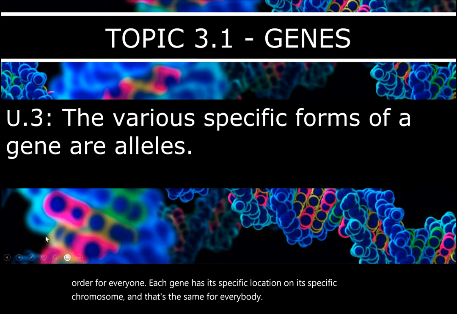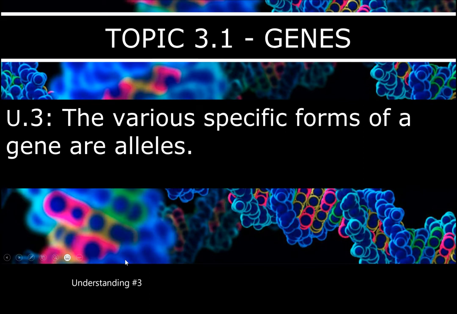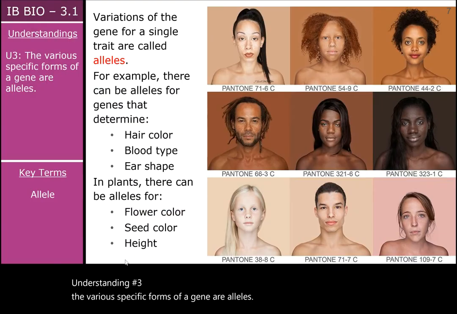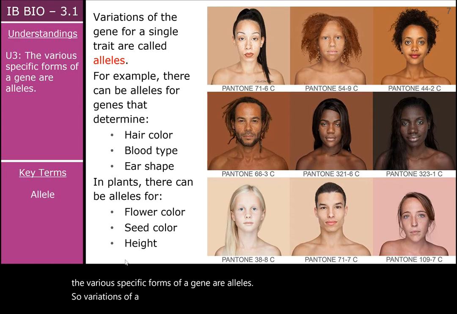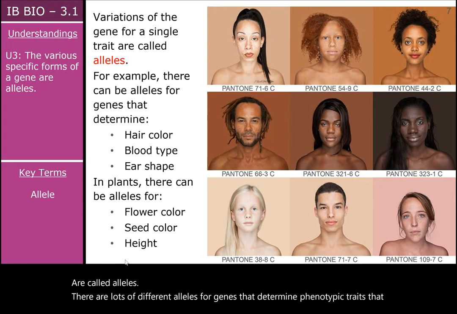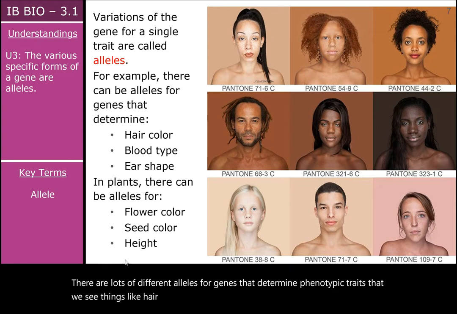Understanding number 3: the various specific forms of a gene are alleles. So variations of a single gene are called alleles. There are lots of different alleles for genes that determine phenotypic traits that we see, things like hair color, blood type, skin tone, ear shape.